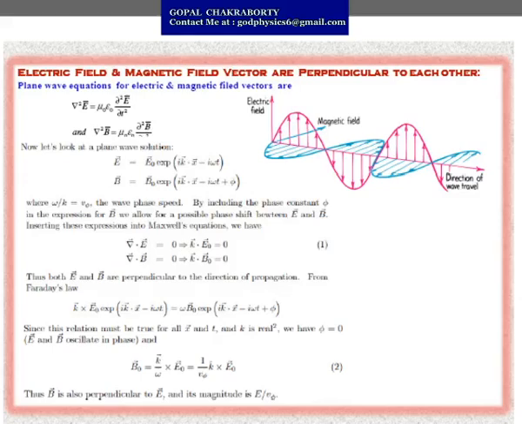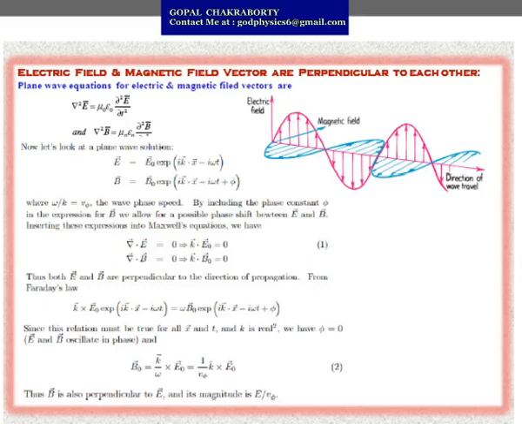Now what is the solution of these equations? The solution can be considered as E equals E naught exponential of i k dot x minus i omega t, and B equals B naught exponential of i k dot x minus i omega t plus phi.